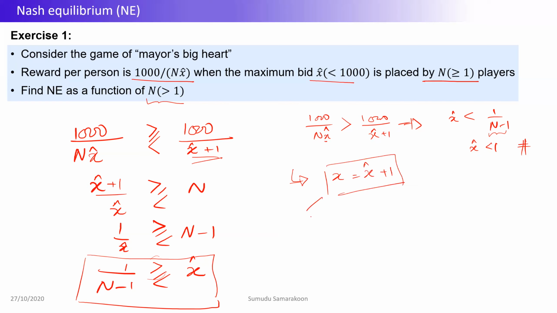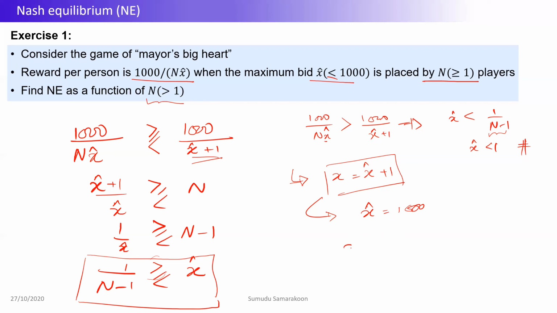So eventually this convergence comes when we have this equality condition. When x hat is 1000, then nobody wants to deviate from that strategy. So basically that is where the Nash equilibrium is achieved.